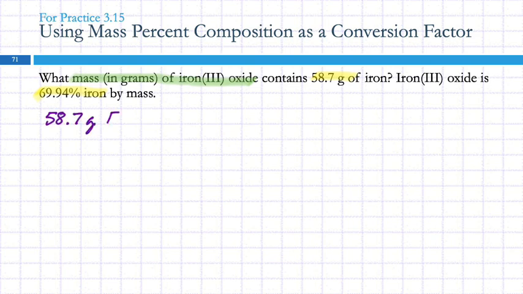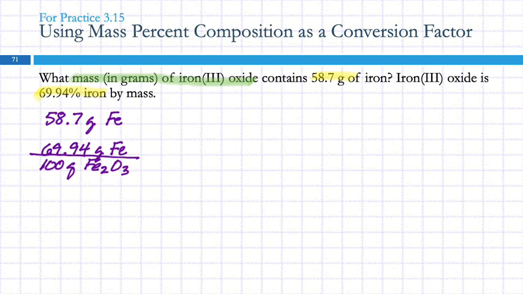So that many grams of iron, and 69.94%, I'm going to write that as 69.94 grams of iron per 100 grams of the iron 3 oxide. And we're short on time, so I'm not going to review how you find the formula for that.